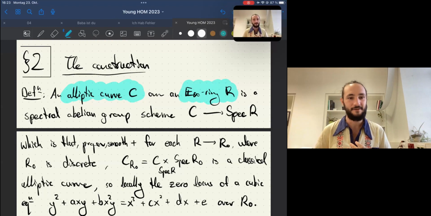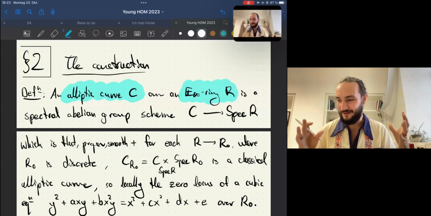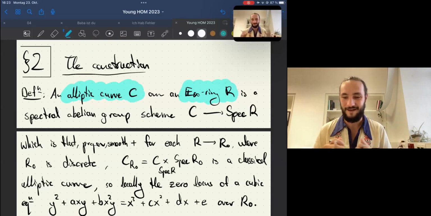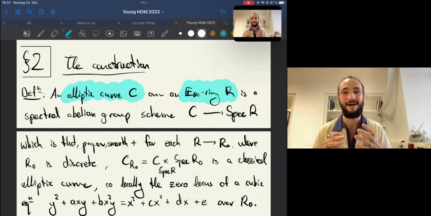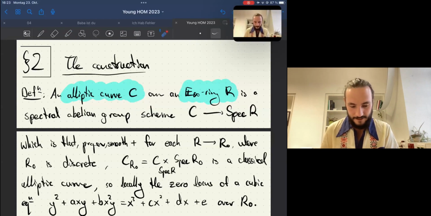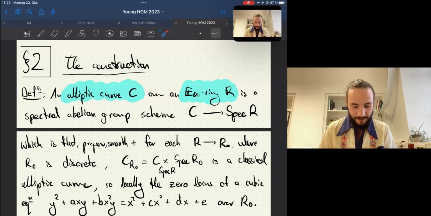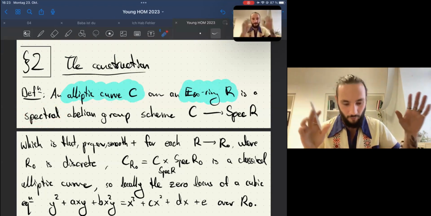We're going to do this whole ringed spaces story, but now for spectrally ringed spaces. And we get a whole story for spectral schemes and spectral stacks and stuff like that, where we've replaced the discrete rings downstairs with E infinity rings. And so an elliptic curve over an E infinity ring is just going to be some sort of spectral abelian group scheme. So spectral just means it's now in our world.